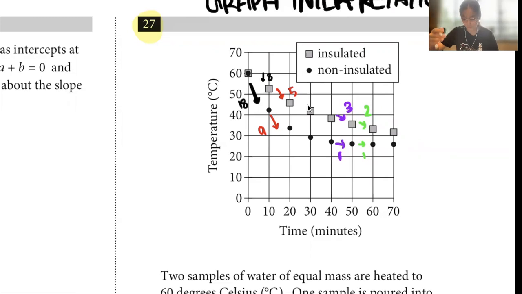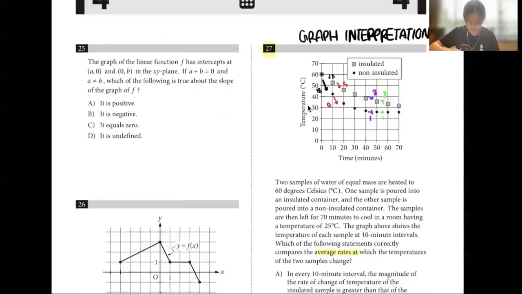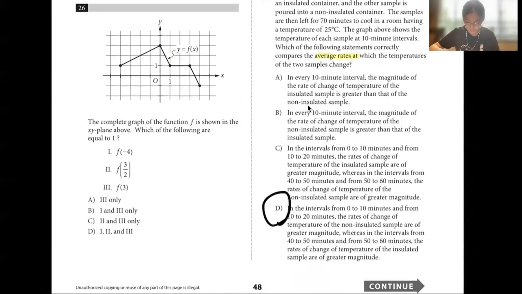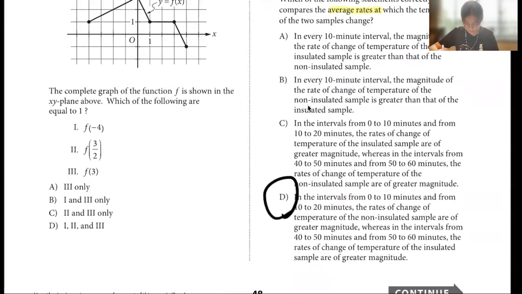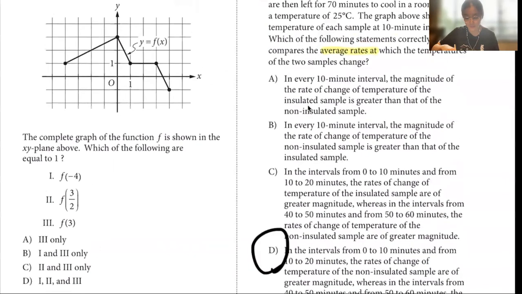And then I went over to 40 to 50 because if you look at the options here, it only cares about the 0 to 10, 10 to 20, and then it hops to the 40 to 50 time interval. So you need to skim through the choices as well, so that you don't look for unnecessary information that the question's not asking you for.